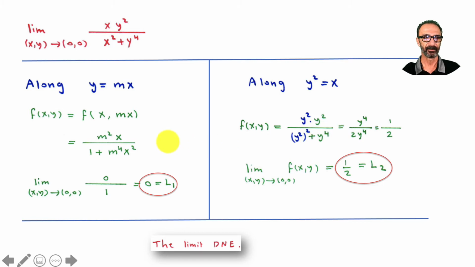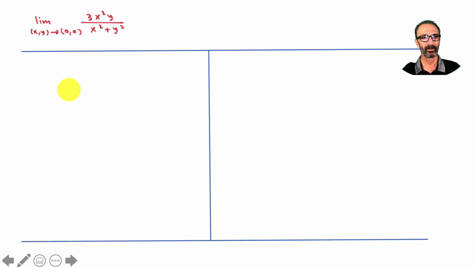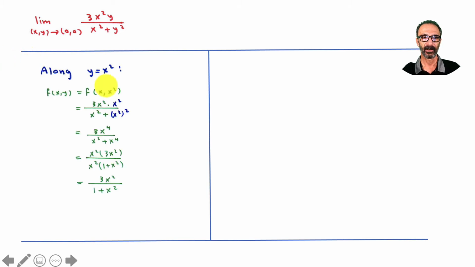One more example: 3x to the second y over x to the second plus y to the second. Along y equals x to the second, a regular parabola that opens up. Just do the math. For y, write x to the second.